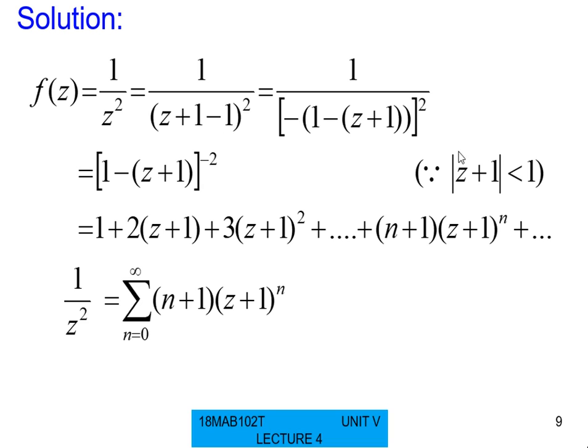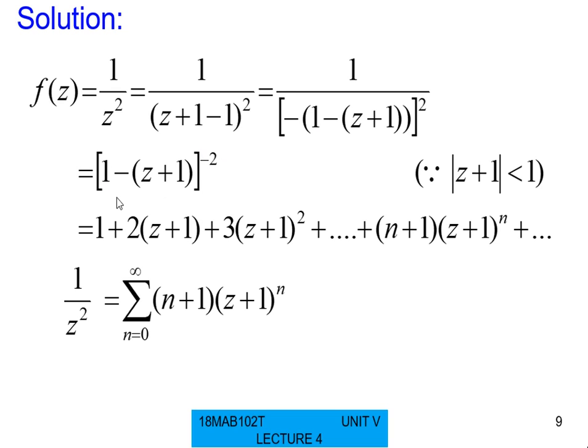So I need the z plus 1 term. So for the convenience, we add and subtract the constant 1. Now just take the minus sign outside, we get 1 minus of z plus 1 whole square. The square of minus 1 becomes plus. So this term, when we bring it to the numerator side, becomes power minus 2.